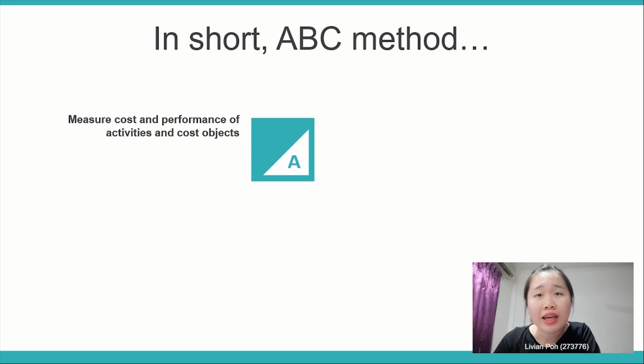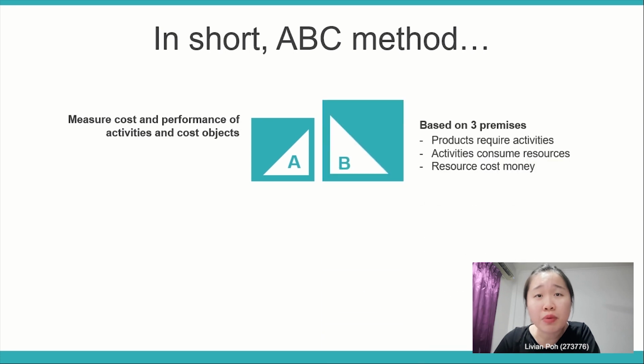To do so, it is based on three basic premises: products require activities, activities consume resources, and resources cost money. Resources are associated with activities through resource drivers, and in turn, activities are allocated to cost objects through activity drivers.